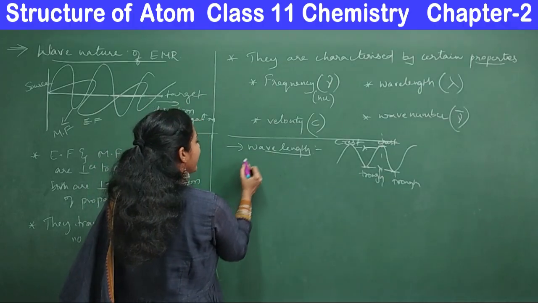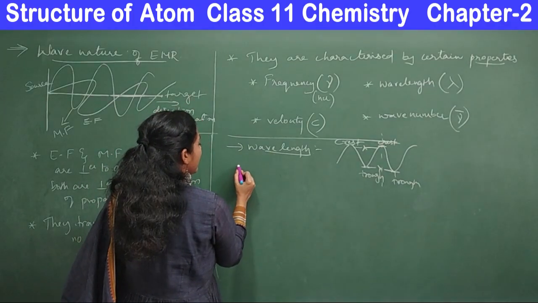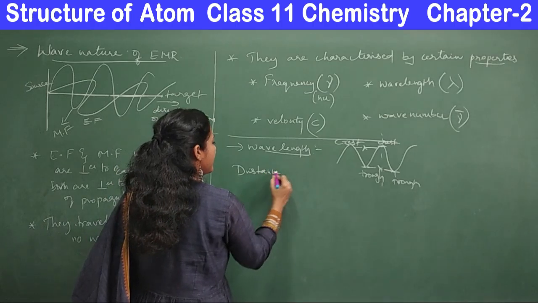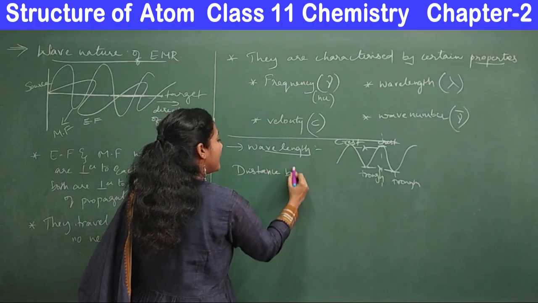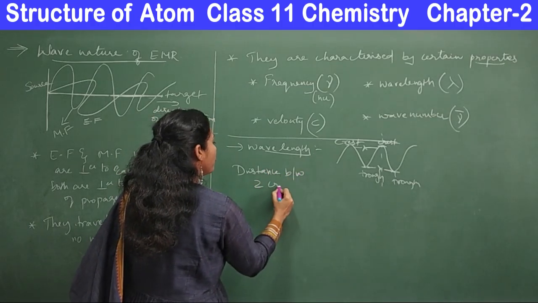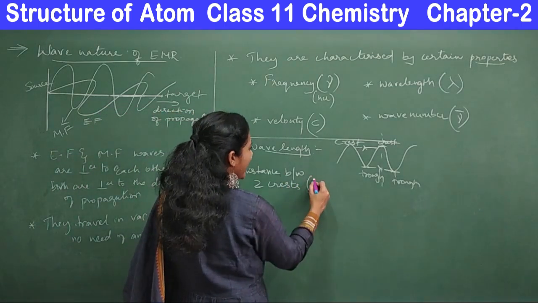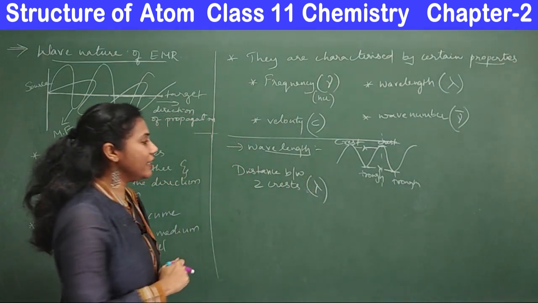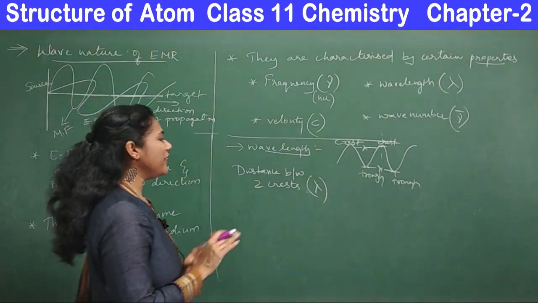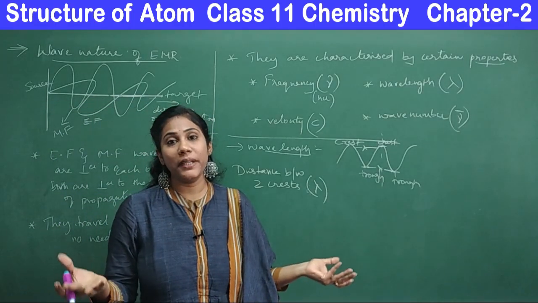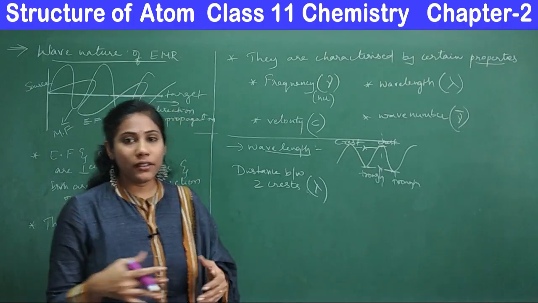So what do I write here? Wavelength is nothing but the distance between two crests, indicated with the letter lambda. Wavelength is always measured in meters, nanometers, picometers and so on.